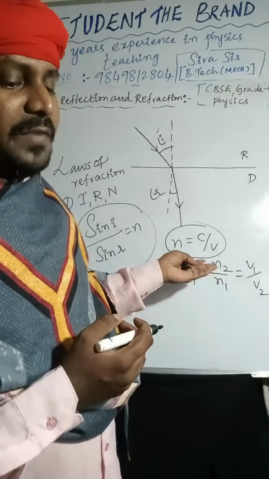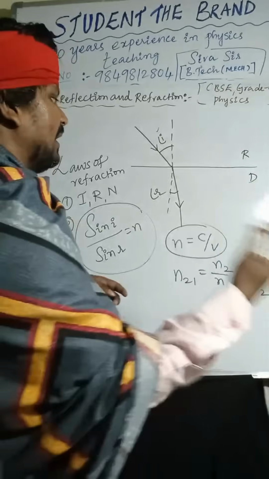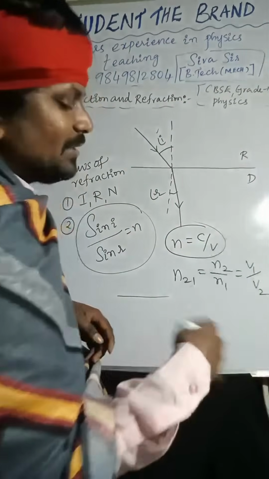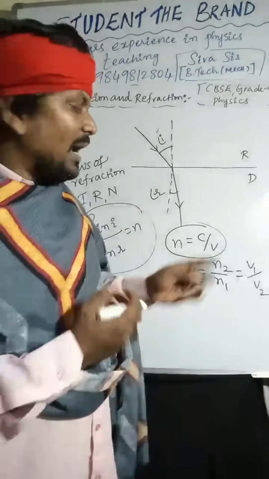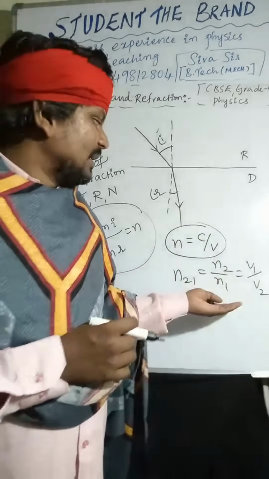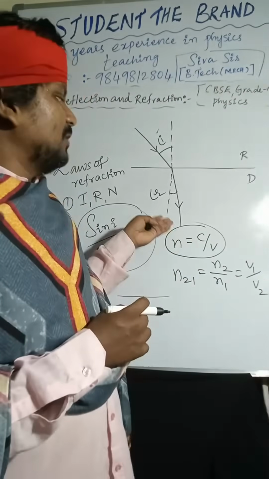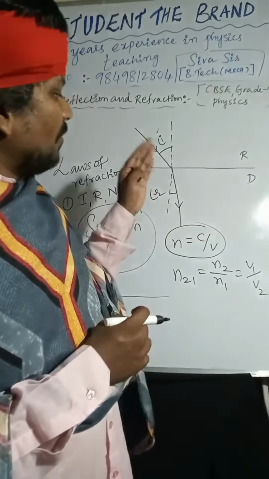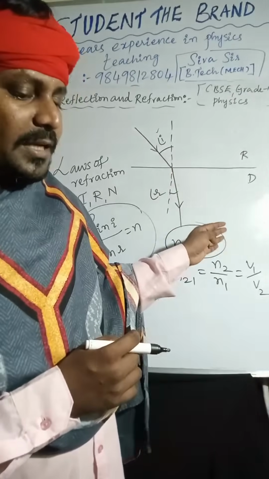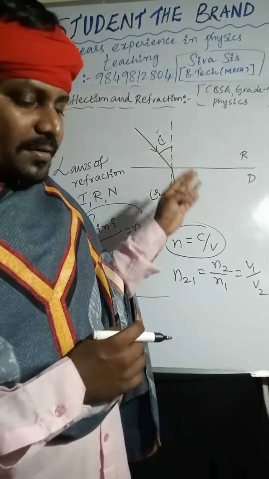Whereas for the relative refractive index, you are considering water with respect to glass, or different media other than air or vacuum. Absolute refractive index means one medium must be vacuum or air.